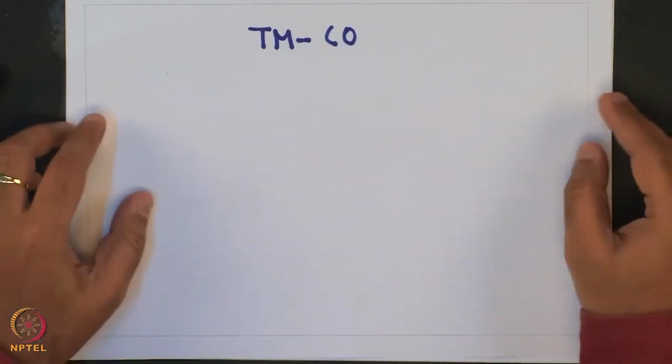To understand this, we have treated the metal carbonyl interaction with regard to molecular orbital theory, particularly constructing the molecular orbitals of carbon monoxide, by looking at how the atomic orbitals of carbon and oxygen combine to give the carbon monoxide molecular orbitals.